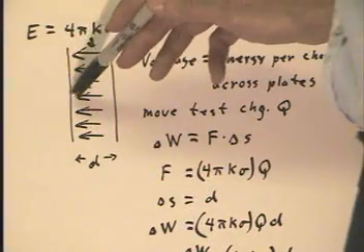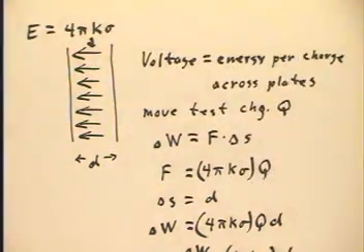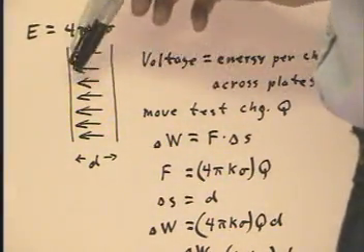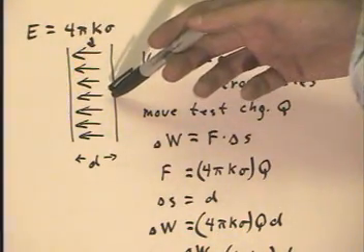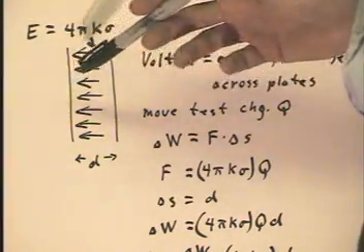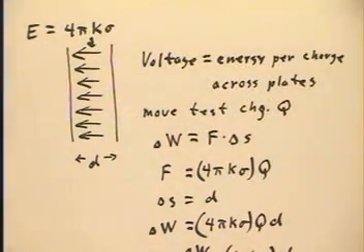Alternatively, it's the work we would have to do to move a positive charge from here to here. Let's say that again. It's the work that would be done by the field to move a positive charge from here to here.